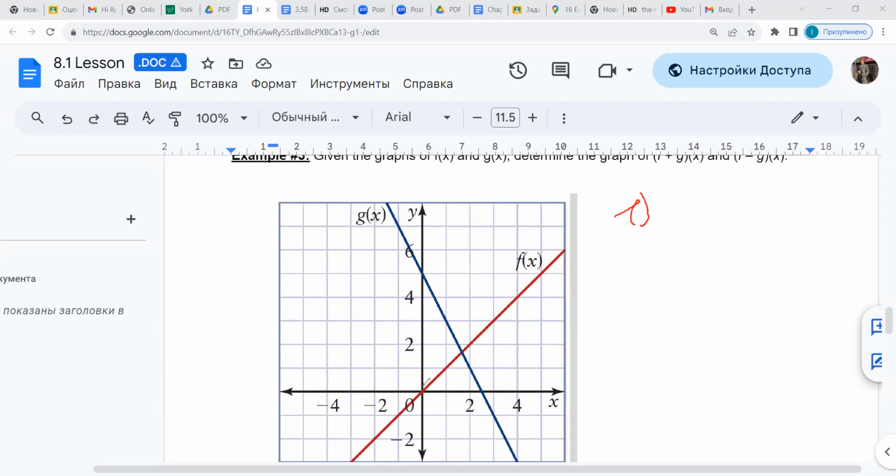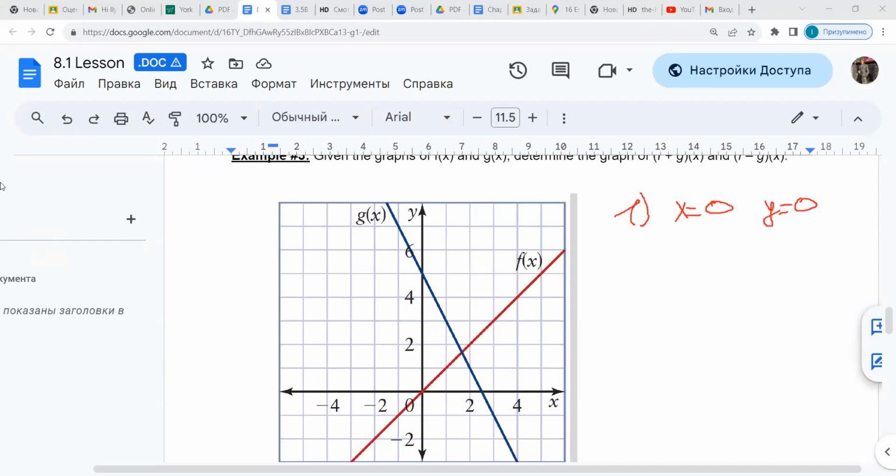I see that I have point x0, y0, x equals 0, y equals 0. Then I see they have one intersection point where they share solution, but I don't know where exactly this point is, so let's leave it for now.